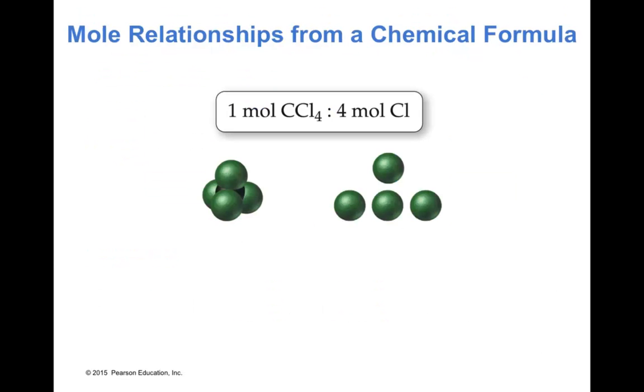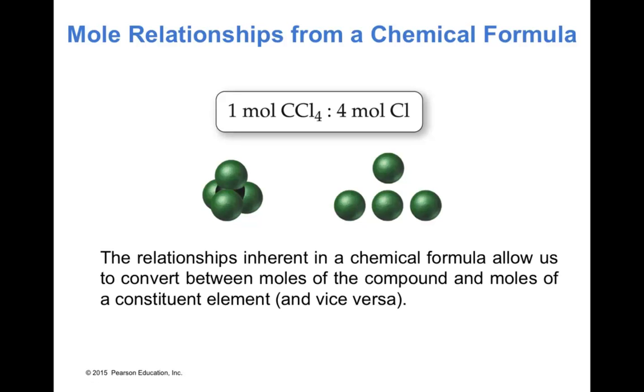So as we saw before, there's a mole relationship from the chemical formula. Here we have 1 mole of CCl4, carbon tetrachloride, okay? And here we have 4 moles of chlorine, okay, that we can obtain from the 1 mole of CCl4. So the relationship inherent in a chemical formula allows us to convert between moles of the compound and moles of a constituent element and vice versa.